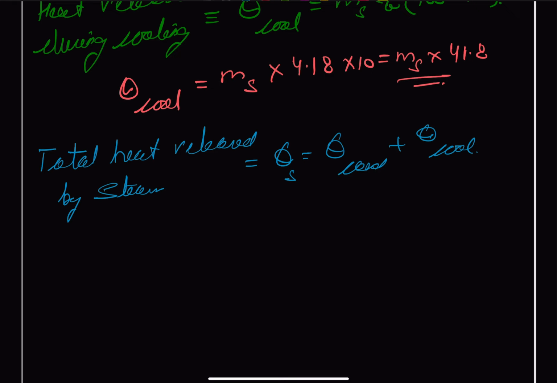The mass of steam term is common for both, so we can take it as common, and this will come as 2260 plus 41.8 approximately. We can write this as MS times 2301.8.